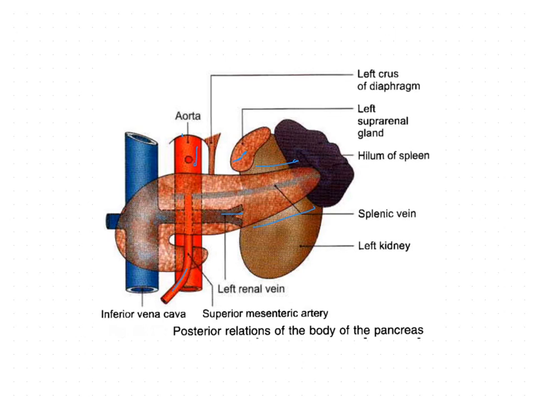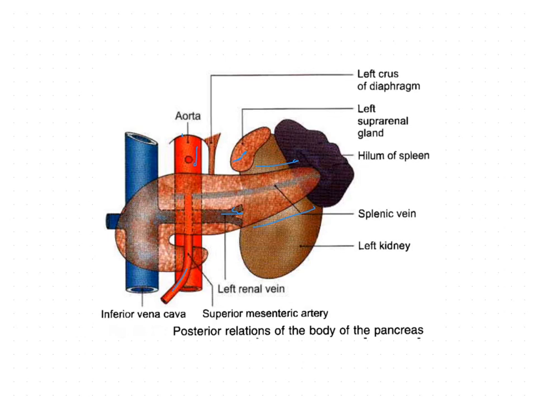Here we can see the left renal vein, and splenic vein is also related to this, and also the inferior vena cava. So these are all the structures which are related on the posterior aspect of the pancreas.